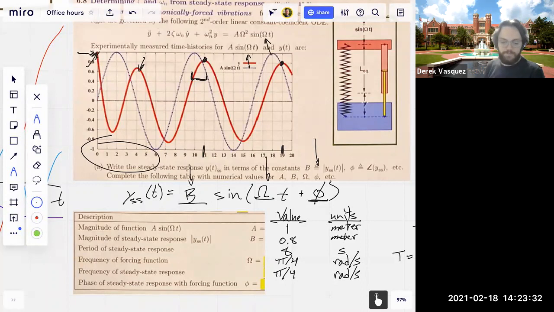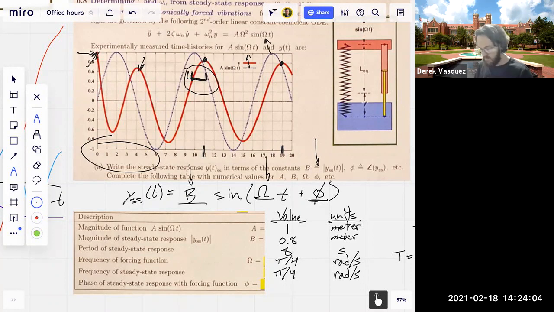Now looking at the phase of the steady state response. So the phase is just the difference, like I said over here, the difference between the peaks, and it's the lag that the response has behind the force. And so we can see right here that's 1 second. They're asking for it in radians.